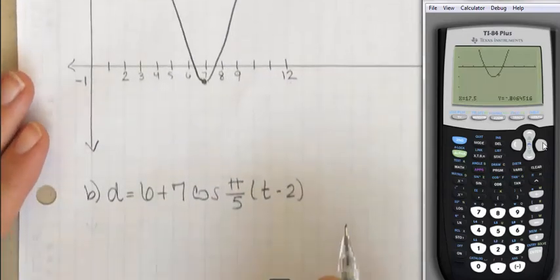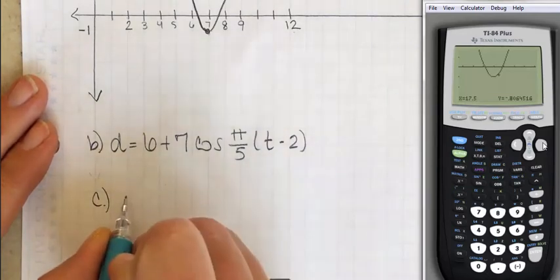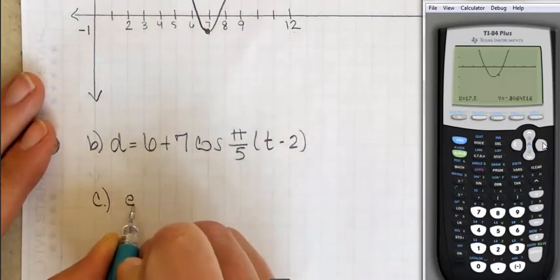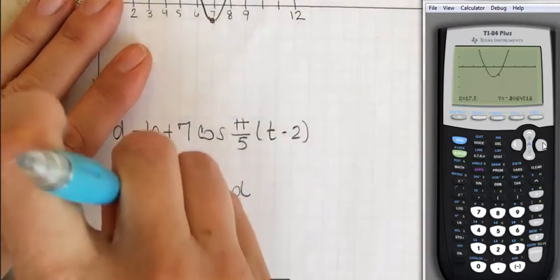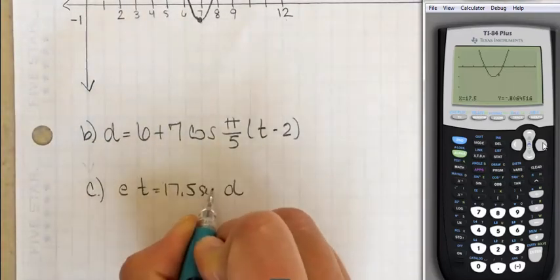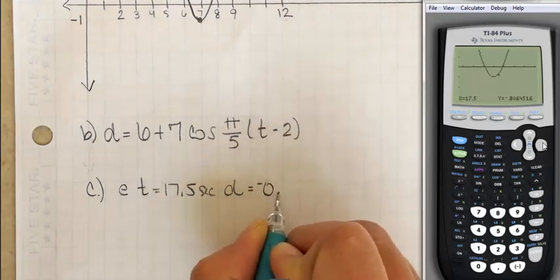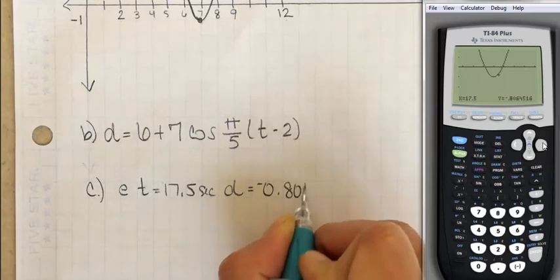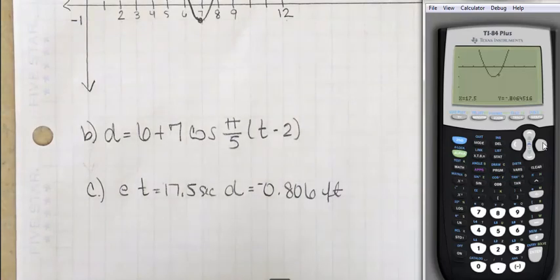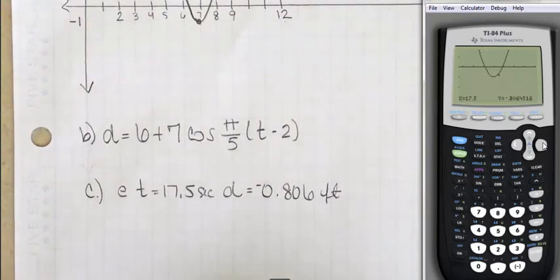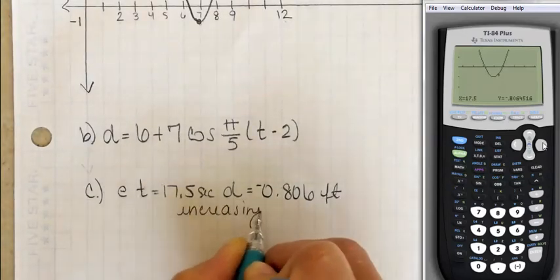Otherwise, I could use my table feature, which I'll do next, just to make sure. So at x equals 17.5, or I should say at time equals 17.5, then d equals negative 0.806 feet. However, the graph I can see is increasing. So it's going up.